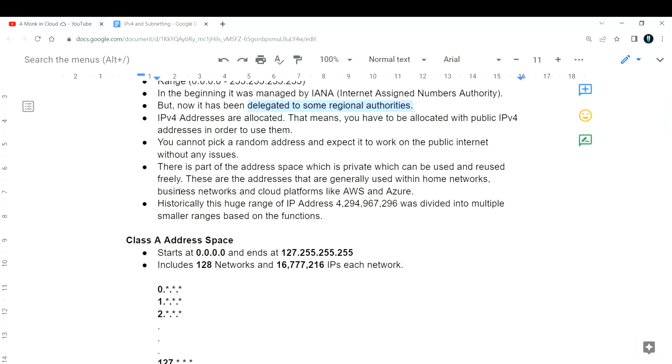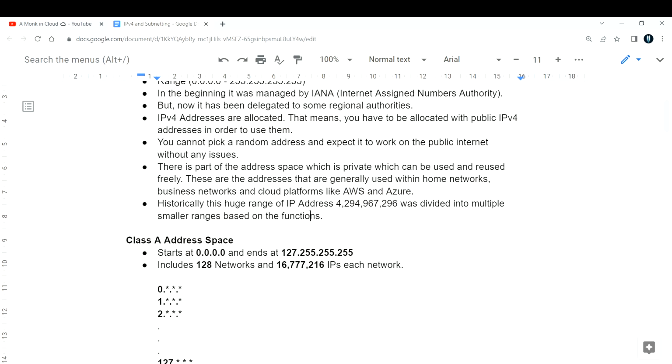There is also a part of the address space which is private and can be used and reused freely, so you don't have to get it allocated. These are the addresses generally used within home networks, business networks, and cloud platforms like Azure, AWS, GCP, and all the other cloud service providers.